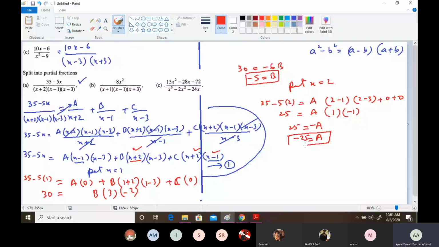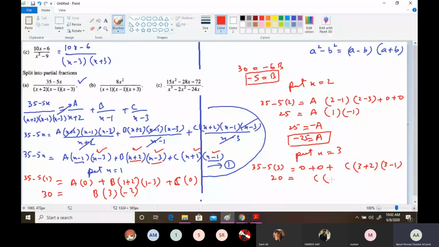Now for the rest, put x equals 3 to make the other two 0 and get the value of c. So 35 minus 5 into 3 equals. Now this will become 0, this will become 0, only this will be left. 35 minus 15 is going to be 20 and 3 plus 2 is 5 and 3 minus 1 is 2, so 5 times 2 is 10.